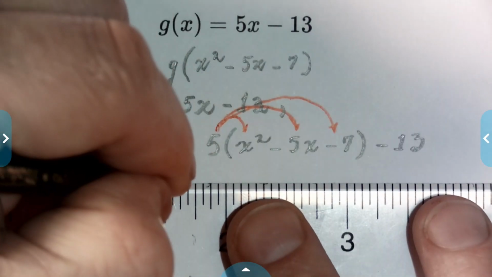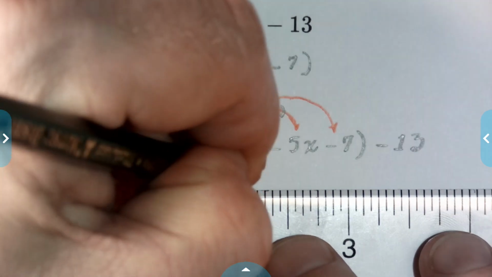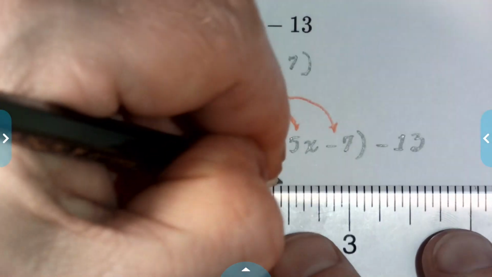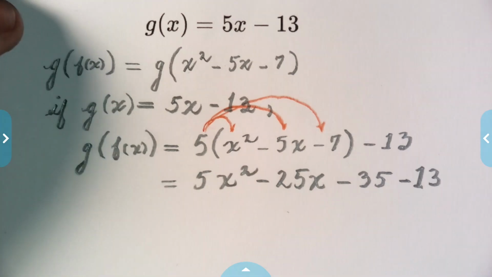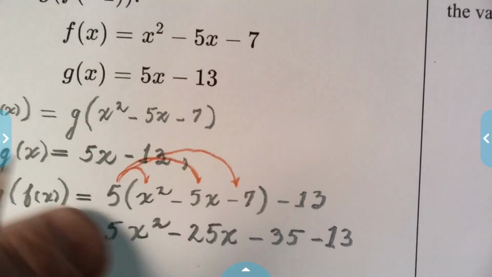Right, so let's see, that equals 5x squared minus 25x minus 35 minus 13. And this is what you miss. See, this is what you miss if you don't do this by hand. You miss this composed function.